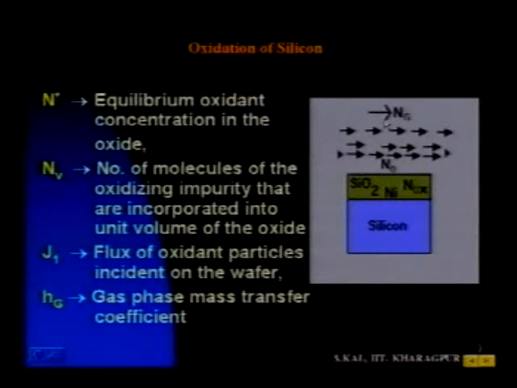Hg is the gas phase mass transfer coefficient. That means the gas molecules will transfer from the gas phase, Ng, to the surface, and it depends on one coefficient which is known as Hg, the gas phase mass transfer coefficient.